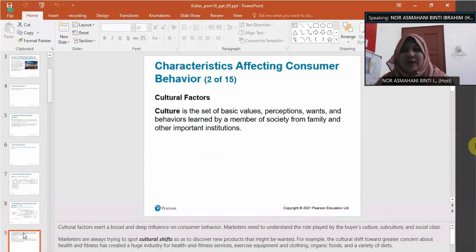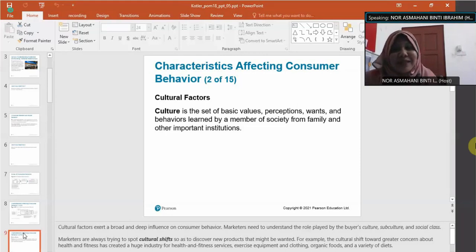Okay, so culture factors: a set of basic values, perceptions, wants, and behavior learned by a member of society from family and important institutions. What you buy, what you wear, what you eat is actually shaped by your culture. Senang saja, right? I study in UPM, and I blend with Chinese and Indian and also international students.